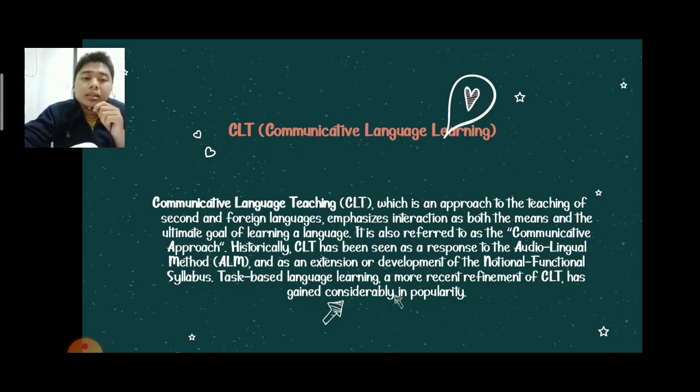The goal is that our students can communicate in English, the second or foreign language. For example, the first language is Indonesian, but you teach the second and foreign language. So the goal is that the student can communicate in the second and foreign language. That is called communicative language learning.